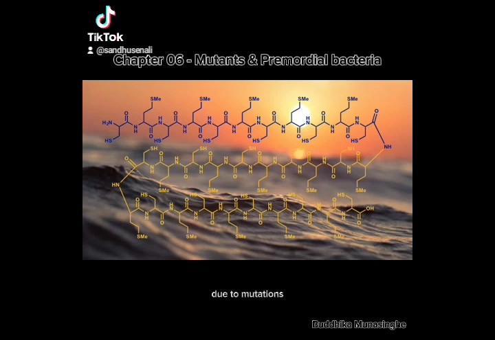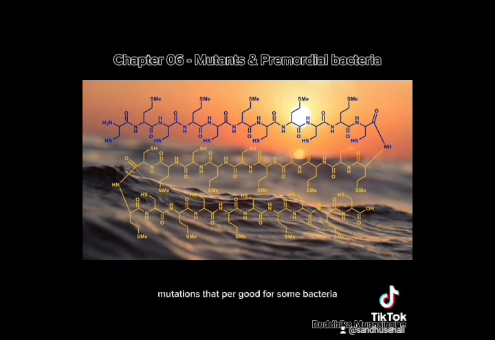Due to mutations, new types of relatives were added to the generation of primordial bacteria, and diverse bacteria were born. With the progress of time and space, chemical changes took place in the ocean. Mutations that were good for some bacteria were bad for others. In the natural environment, DNA with mutations capable of successfully resisting the changes that occurred divided and spread efficiently.